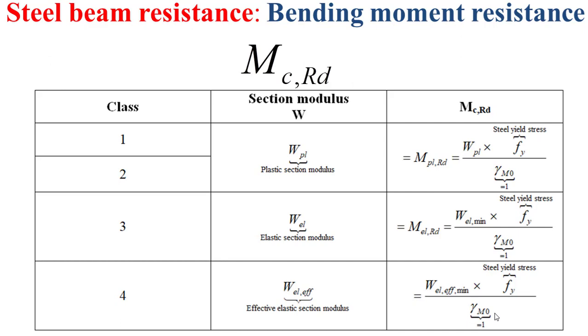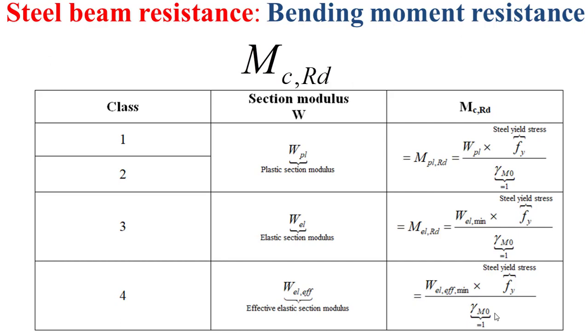So for the cross sections class 1 and 2, the cross-sectional bending moment resistance MCRD is equal to MPLRD, of course PL here to say plastic, which is equal to the plastic section modulus multiplied by the steel yield stress divided by gamma M0, and gamma M0 is equal to 1 in this case.